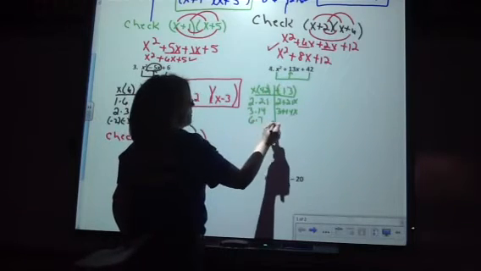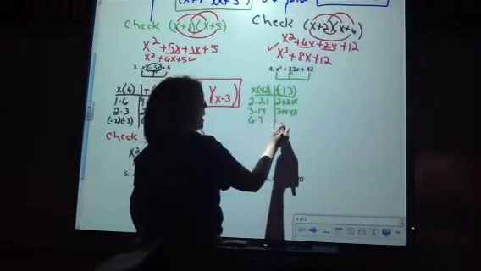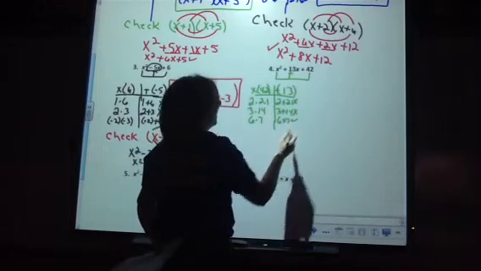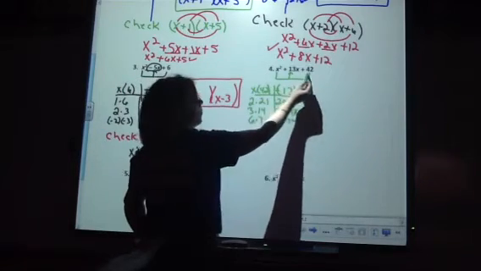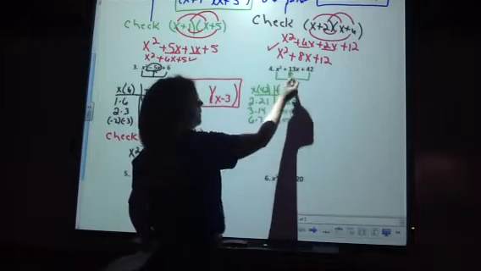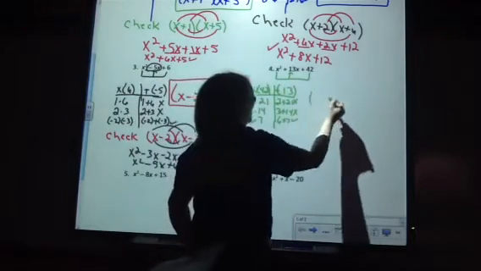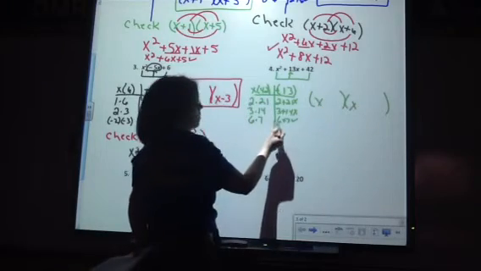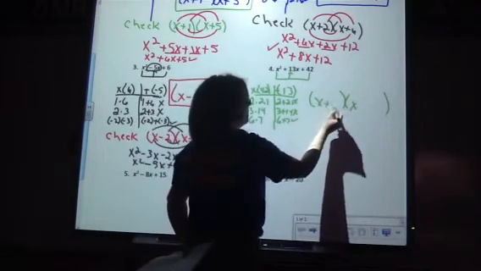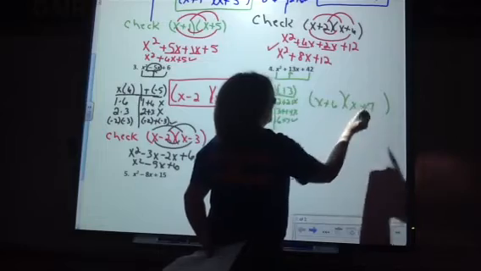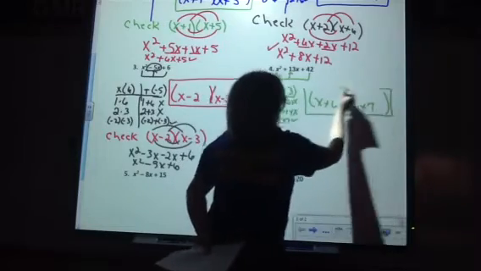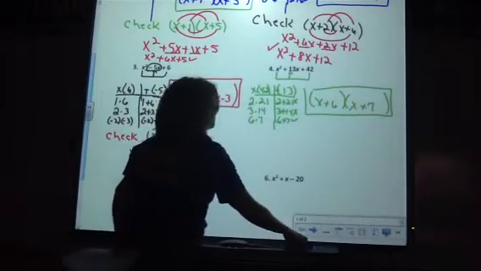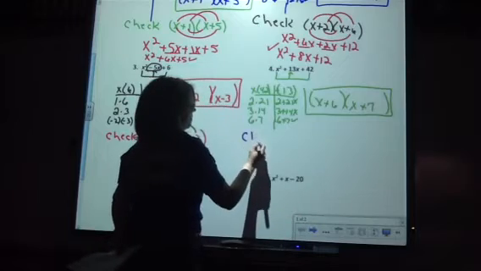I can take 6 times 7, and when I add 6 and 7, I get 13. 6 times 7 is 42. 6 plus 7 is 13. So that's what I'm going to use to factor. Positive 6, positive 7. So there's my answer. Now let's check it.